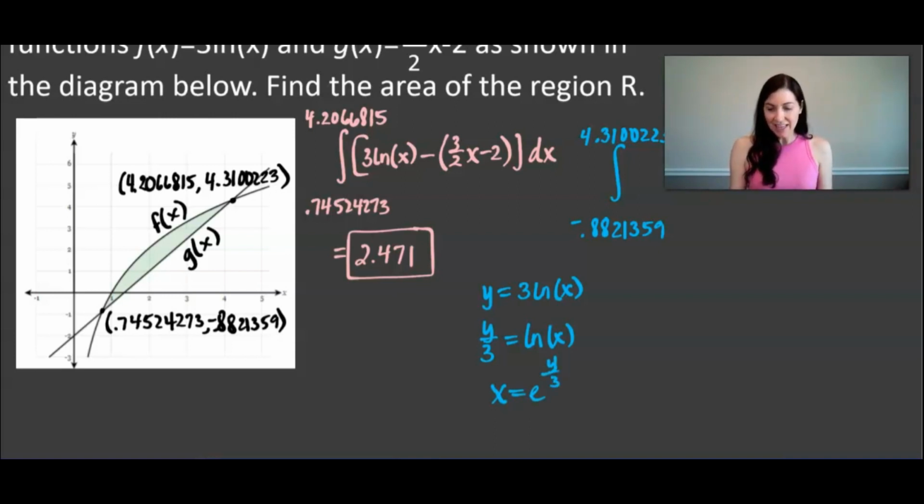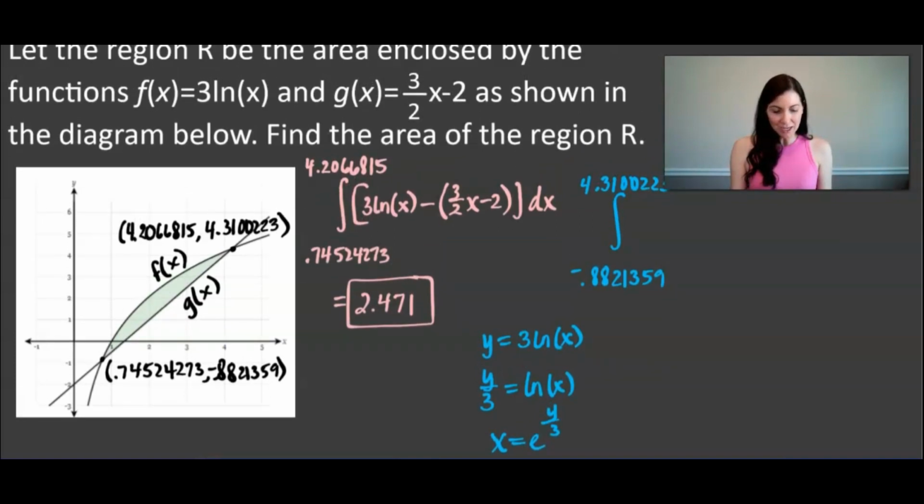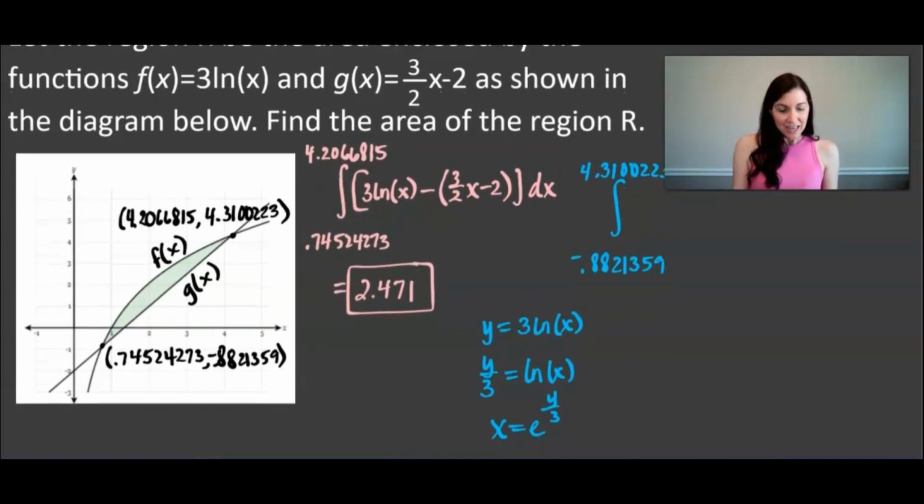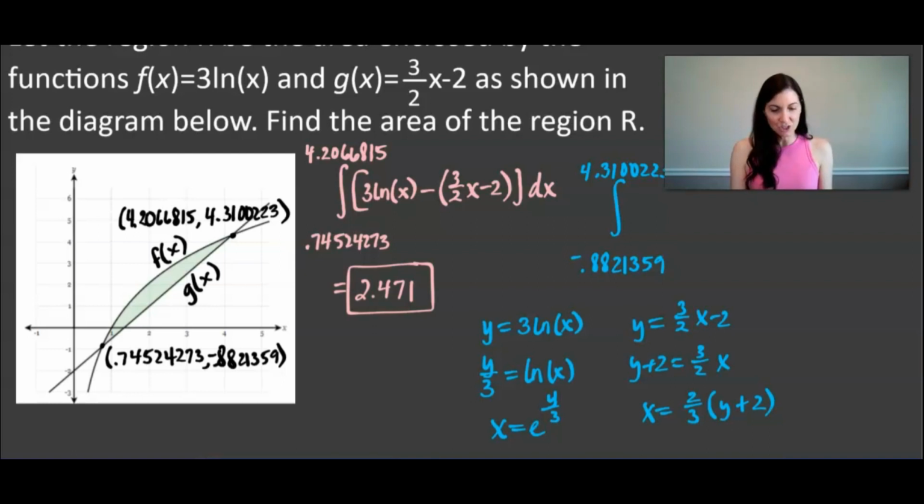And that is the f of x function, but written in terms of y. Now for the g of x function, this is y equals 3 halves x minus 2. Adding the 2 over, and then multiplying by the reciprocal, I can see that x equals 2/3 times y plus 2. And once again, that's the g of x function, but it is now written in terms of y.